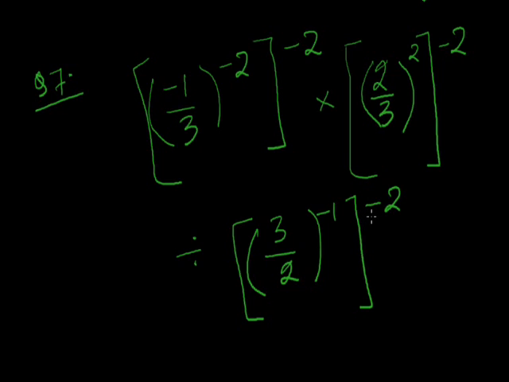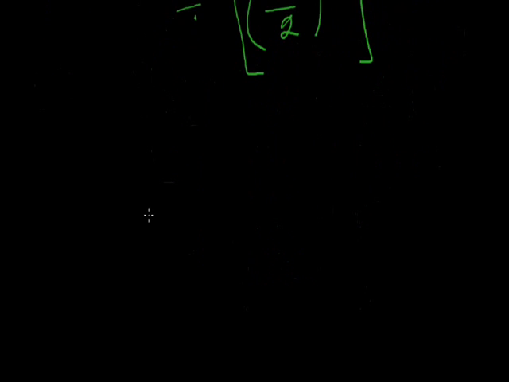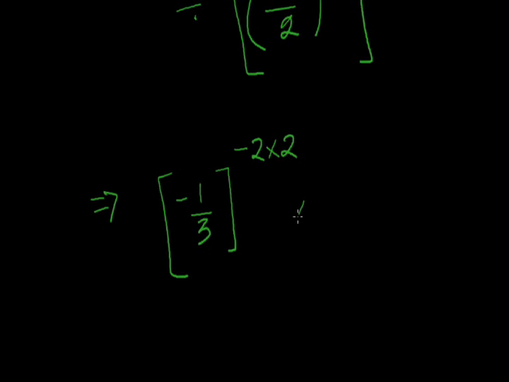Now we are required to find the value of this expression. As I told you earlier, x raised to the power m raised to the power n gives you the answer as x raised to the power mn, which is equal to (-1 divided by 3) raised to the power -2 multiplied with 2, multiplied by the same law applies in this second term also.